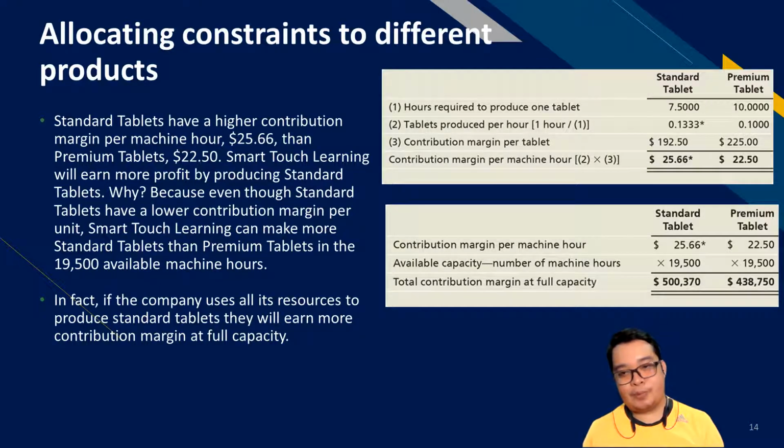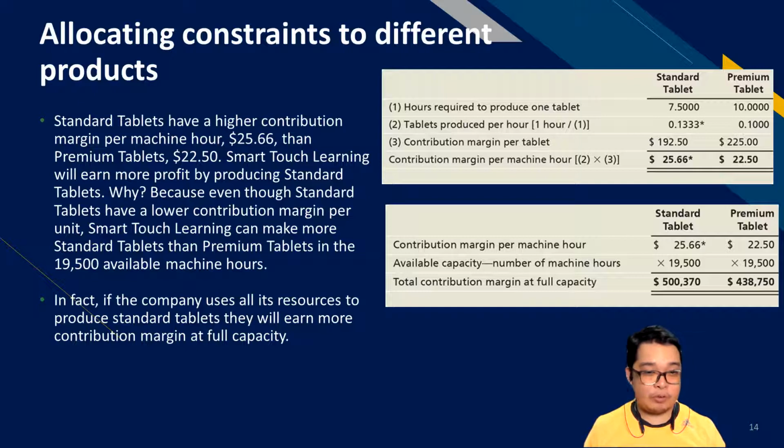Versus premium tablets, if you devote all of the machine hours to premium tablets, the contribution margin that we will receive is 438,750. So this shows that you can really maximize contribution margin by selling standard tablets.